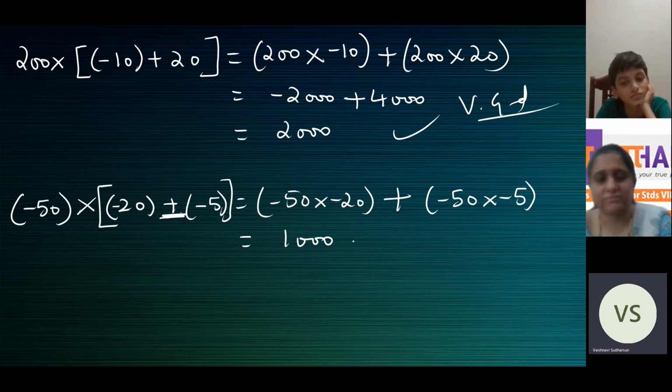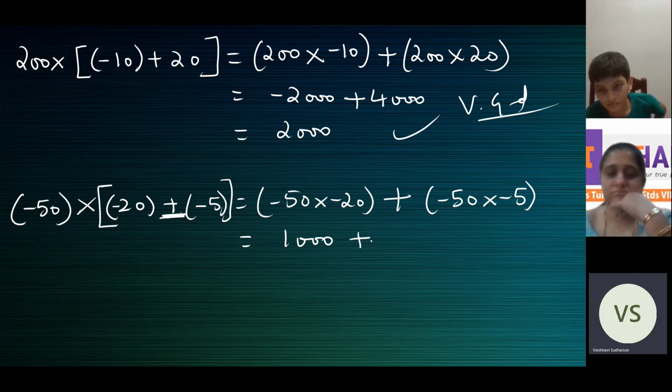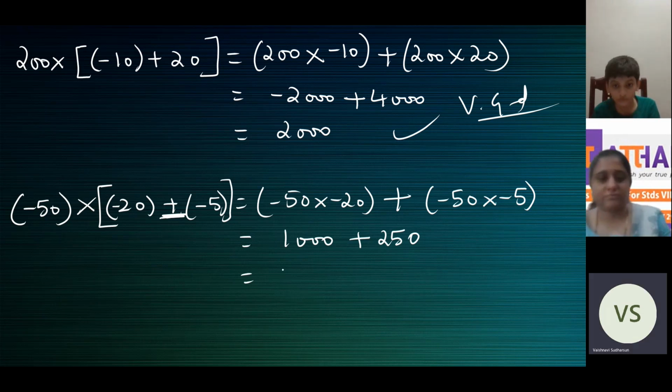Ma'am, plus 250. Minus into minus is plus. So you don't have to put the plus sign, just 250. So what's the final answer? 1250. Very good. Well done, both of you.